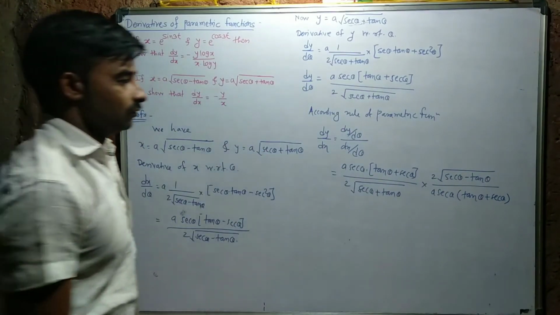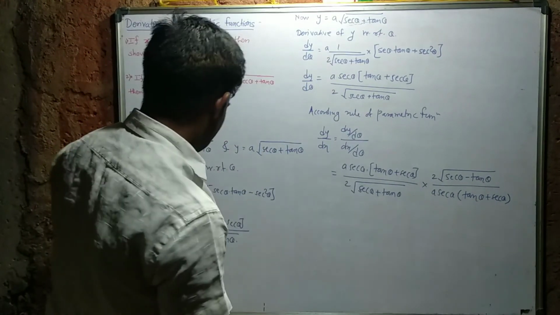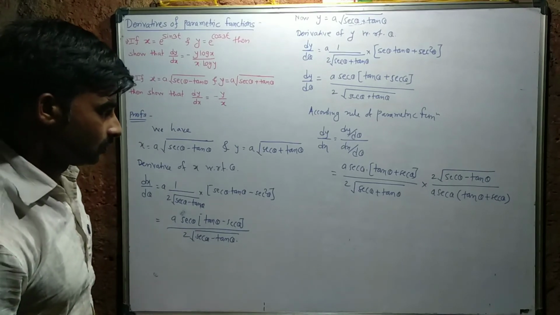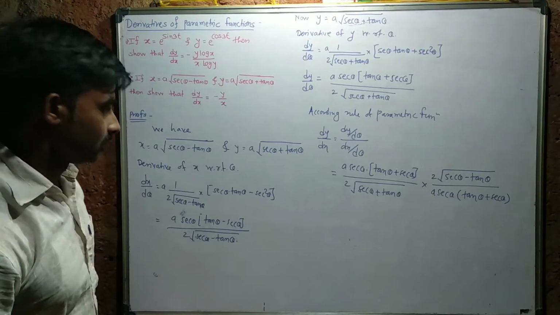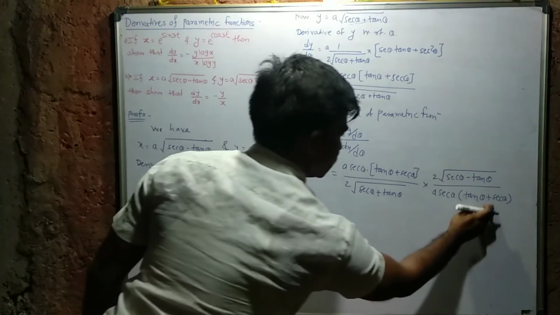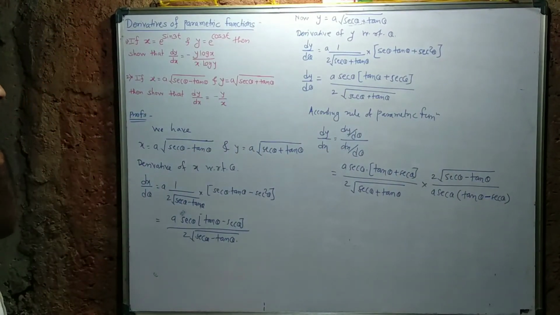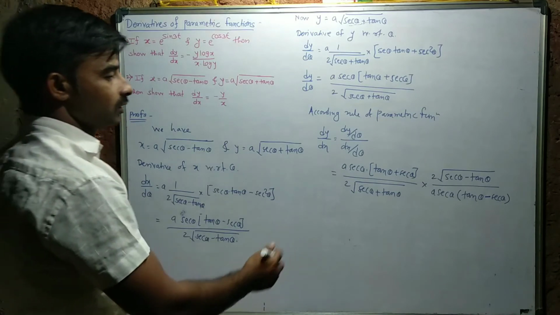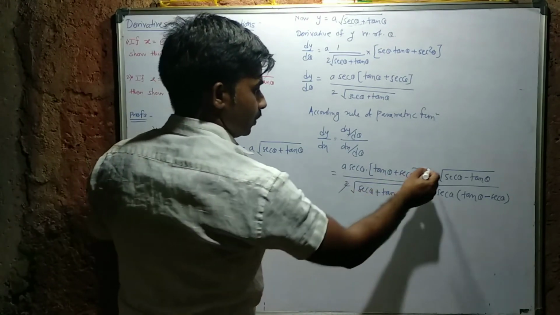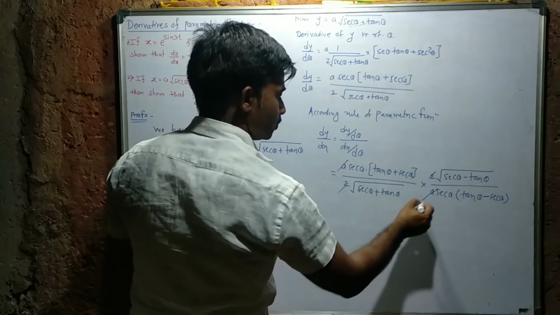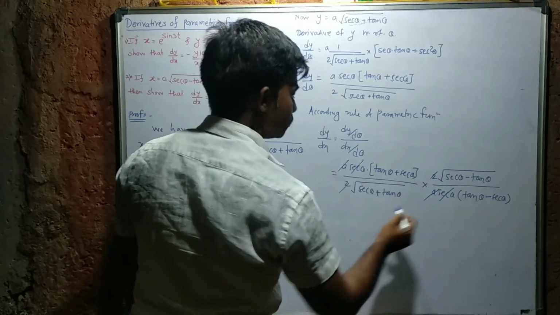You will get the consideration of these: here is a plus and here is a minus. According to that, 2 cancels with 2, a cancels with a, and sec theta cancels with sec theta.